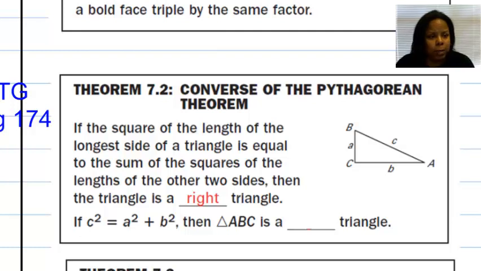Because if it wasn't equals, we really wouldn't know what we could say. So in this case, since it is equal, then we know that it's a right triangle. Okay? And so that's important to note.